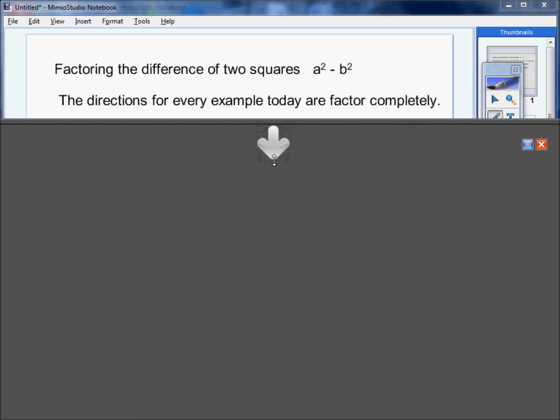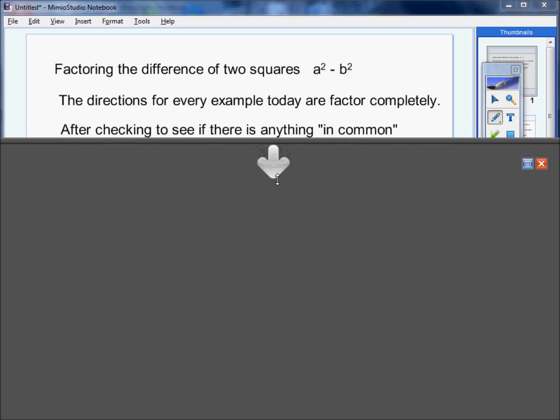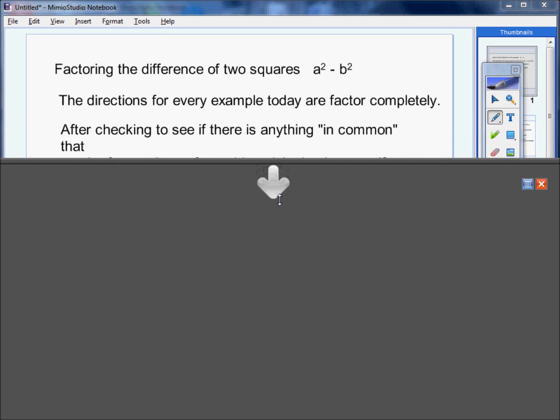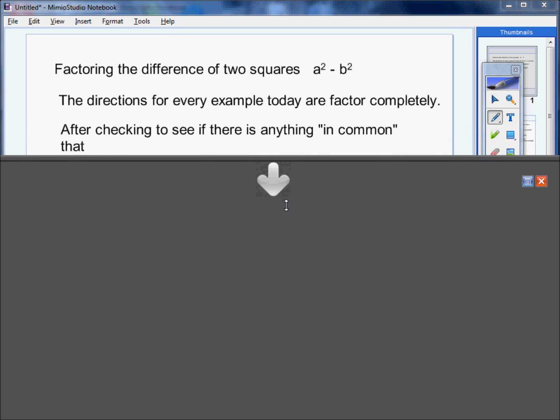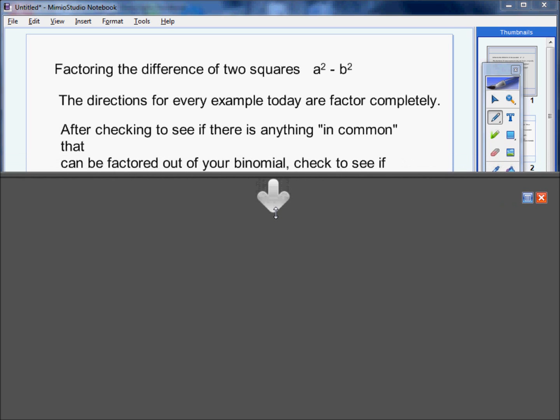The directions for everything we're going to do today are factor completely, just in case you need to write that down. When you're factoring, you always start by seeing if there's anything in common. This is not new information, but Jonathan, I need you to always remember to check first.